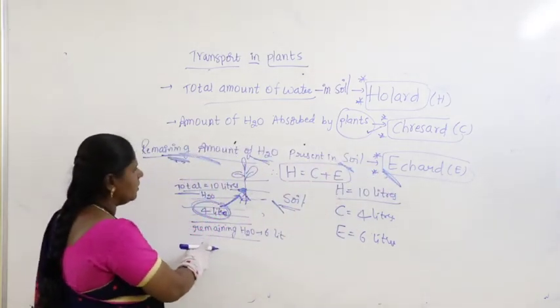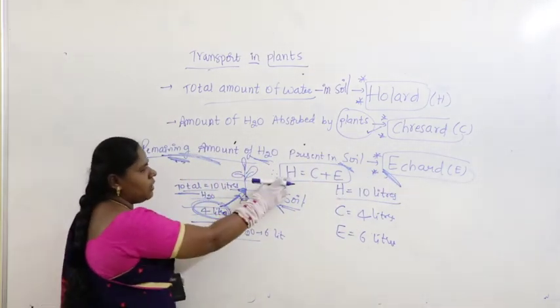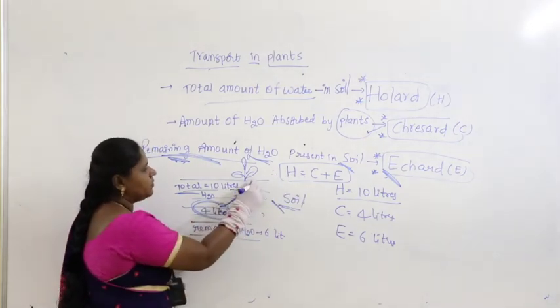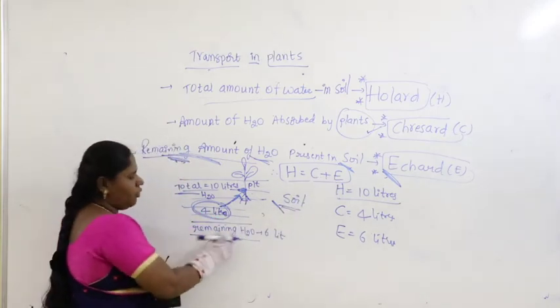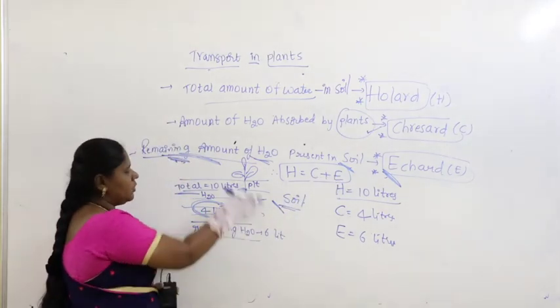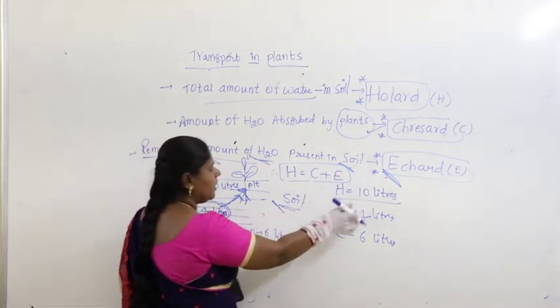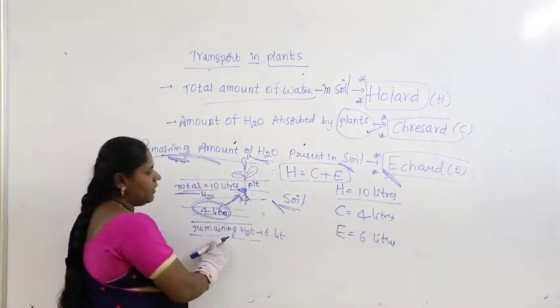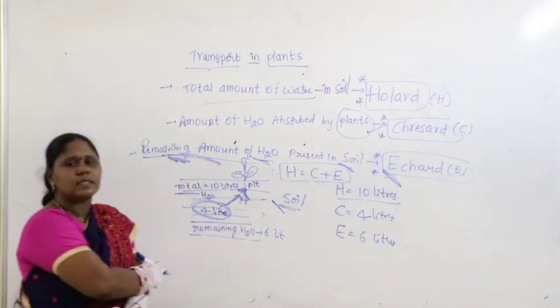So what do we say here? Holard is total water, holard is equal to crescent, the water absorbed by the plant, plus Icard, the left out, remaining water. So if the total water is 10 liters, then the water absorbed by the plant is 4 liters and Icard, the left out water, is 6 liters.